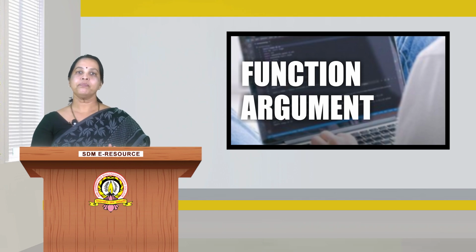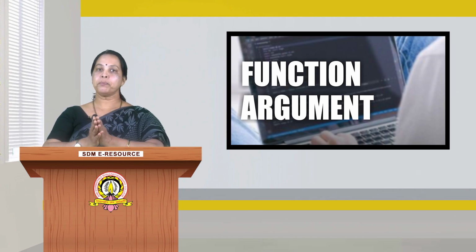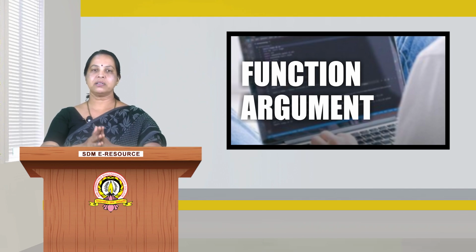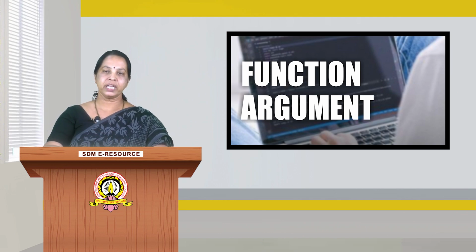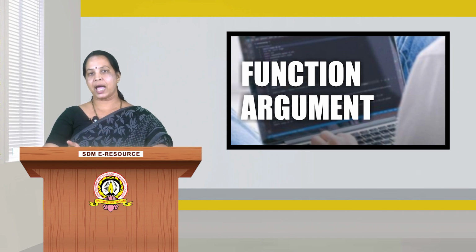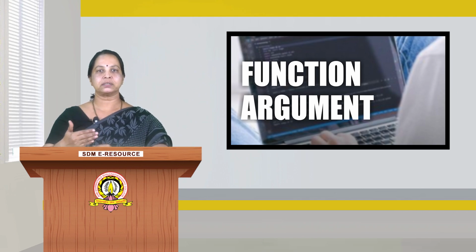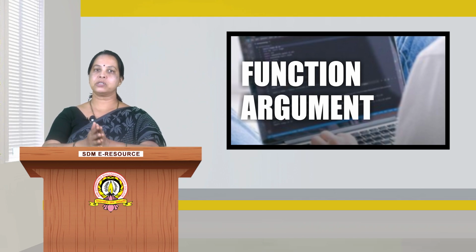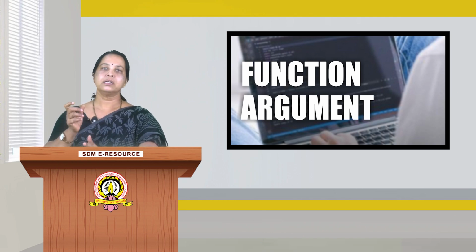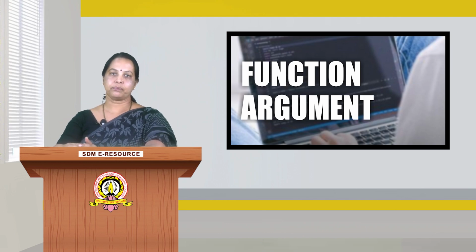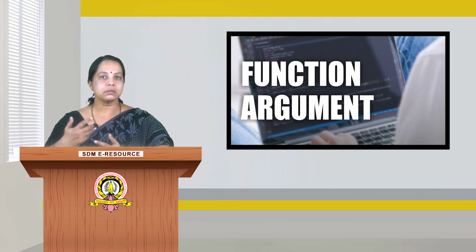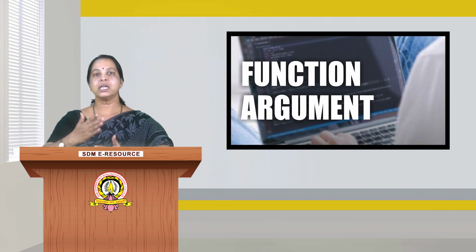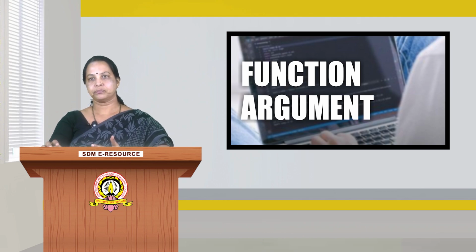So one parameter is specified in the function definition, but the function is called without any arguments, so the number of arguments passed and the number of parameters received does not match, and it gives an error message. So it says clearly that the number as well as the position is very important.